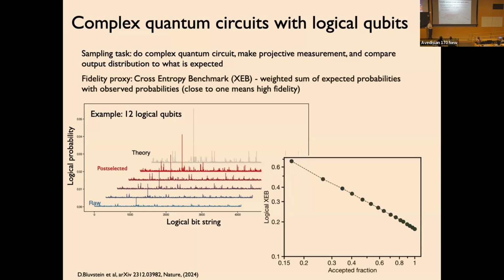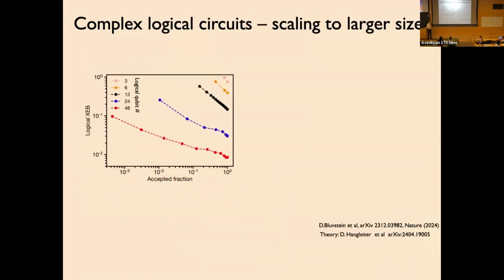And you can quantify it, for example, by looking at fidelity, or often you can look at the logical cross-entropy benchmark. Depending on the error detection threshold, how many samples you keep, you can have it basically approaching one. And we can now also increase the system size, and we went all the way up to 48 logical qubits.